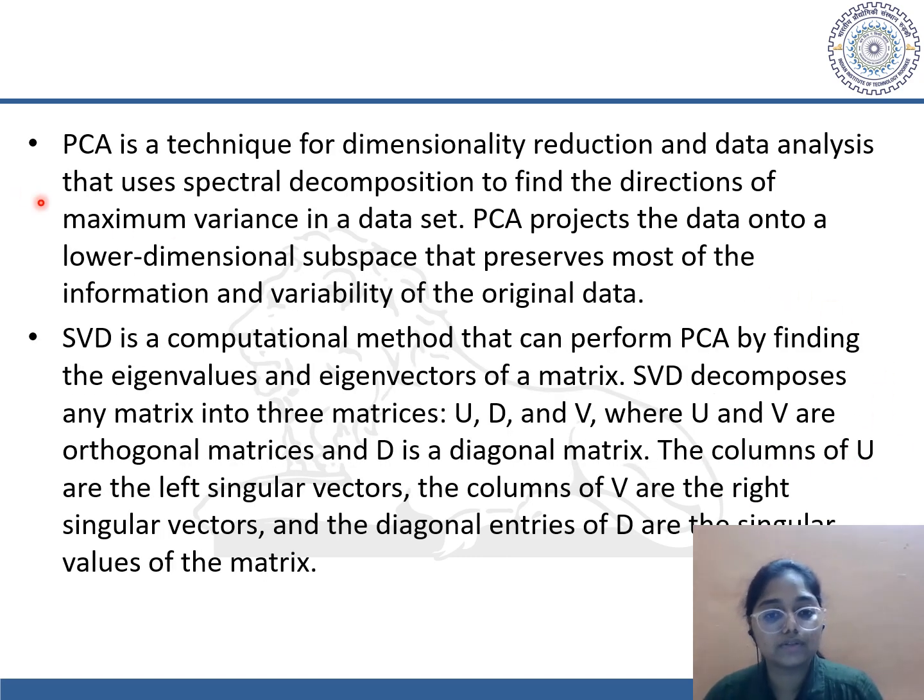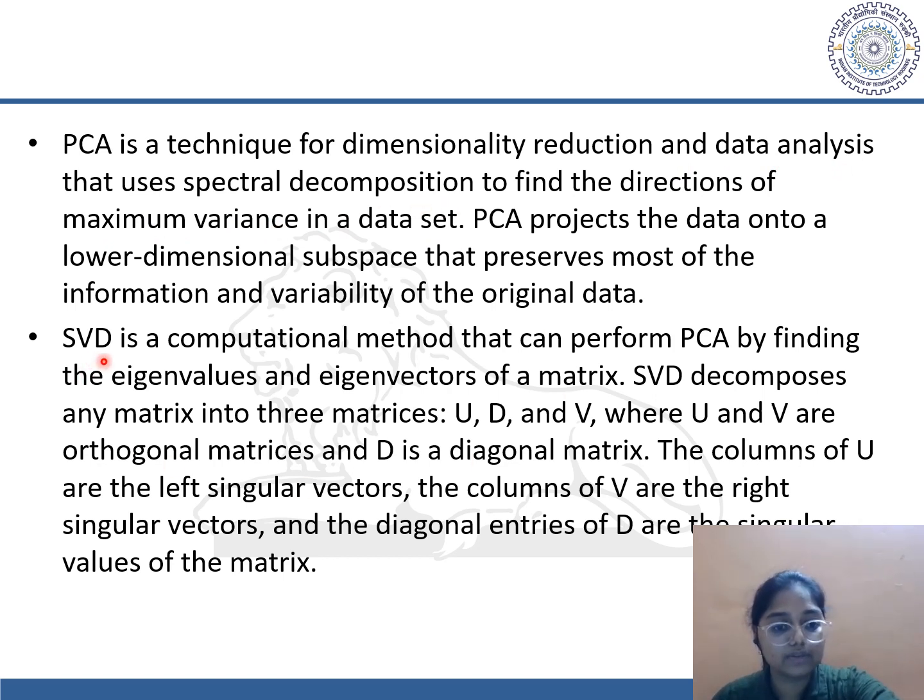And here I'm also briefly telling you about PCA and SVD. PCA is a technique, as you've already seen, which is used for dimensionality reduction. That is, it projects the data onto a lower dimensional subspace that preserves most of the information and variability of the original data, and it is also a data analysis method that uses spectral decomposition.